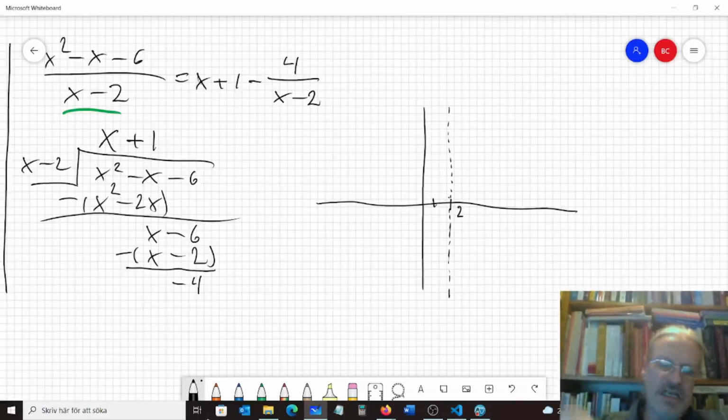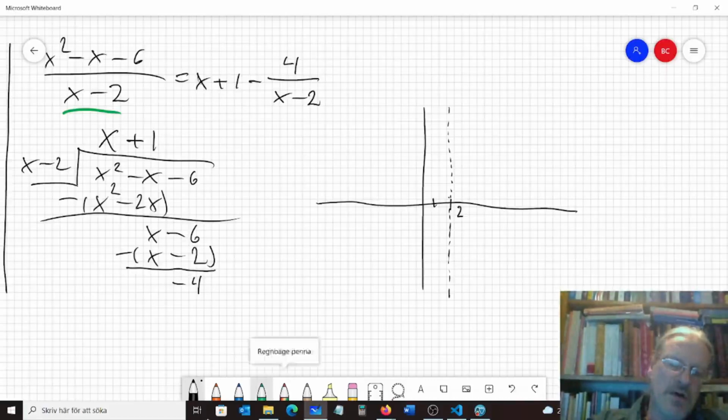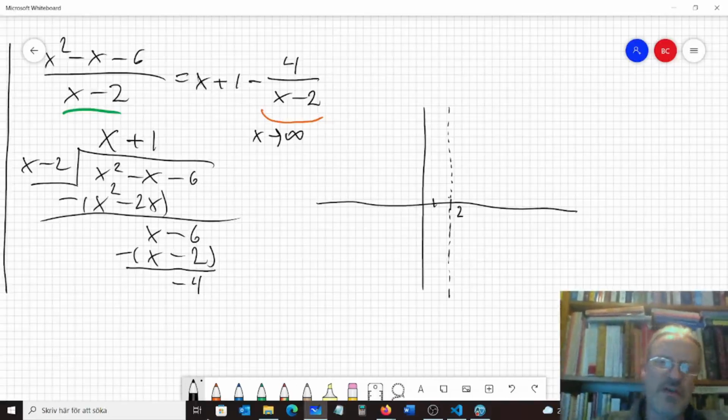We can also see that if x is fairly large, then this part here, if x goes towards infinity, will go towards 0. So in other words, we don't really need this when x is very large.